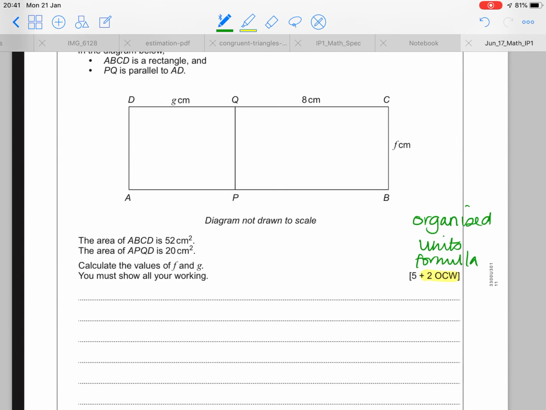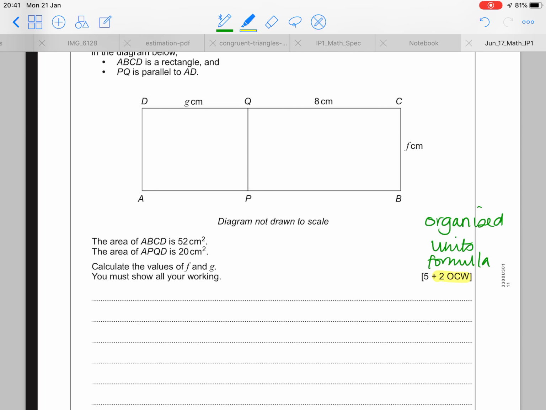In the diagram below, ABCD is a rectangle. So A, B, C, D is the big rectangle here. And it also tells you that PQ is parallel to AD. The area of the ABCD, this entire area, is 52.